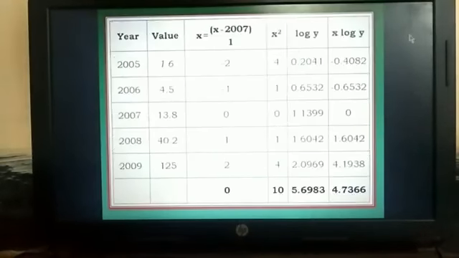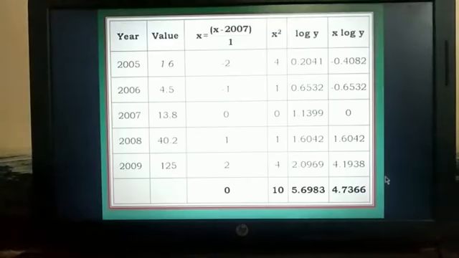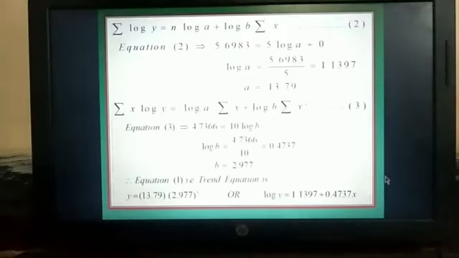After that, the calculation was required to be performed in terms of tabular columns. This is exactly the same as the example I took in the previous video class, pin to pin similar. After that, using one particular normal equation, we were getting either log a or a, and using another normal equation we were getting log b or b.